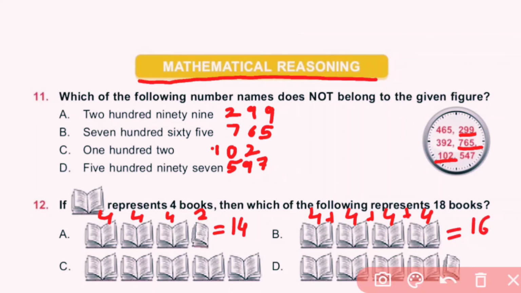Then here 5 books are there, means total 5 4s are 20. 20 books. And option D, this is 4, 4, 4, 4 and this half means 2. Total of this 4 plus 4 is 8, plus 4 is 12, plus 4 is 16, 16 plus 2 is 18. So D option represents the 18 books.